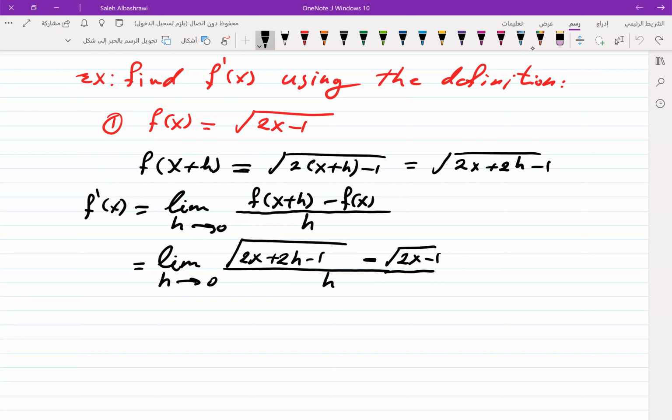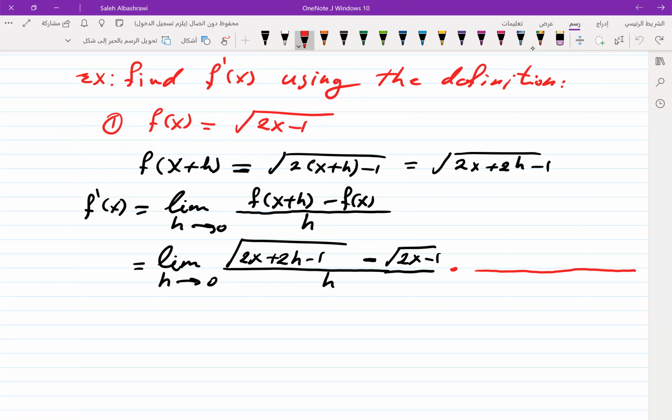And to simplify, a function that contains some radicals, just multiply by the conjugate. So let's multiply this by the conjugate. The conjugate is just the same value of the numerator, but we need to change the sign.